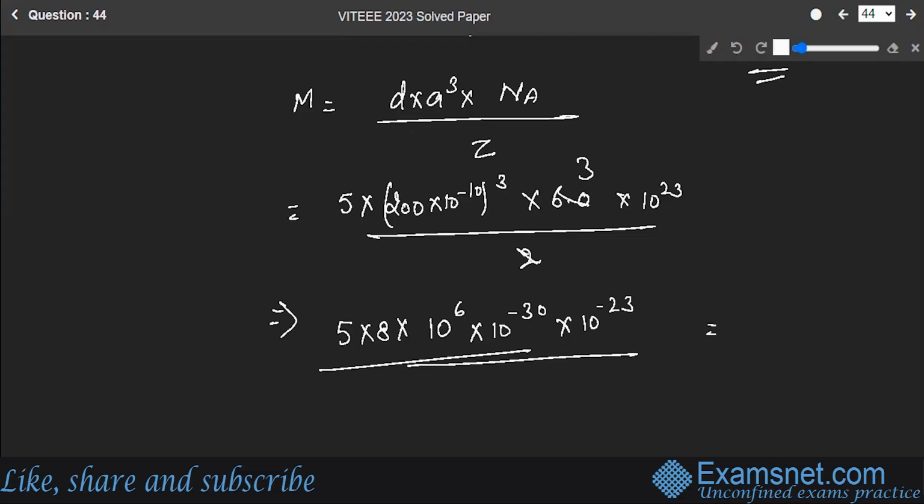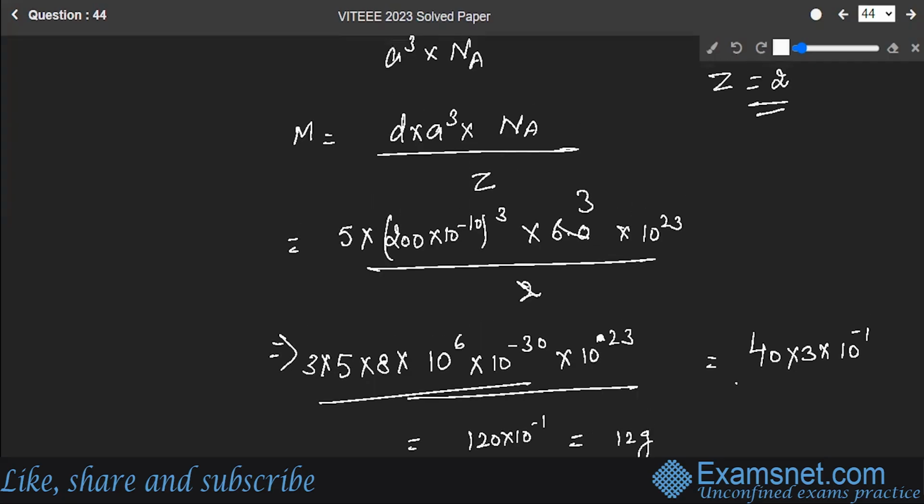So this is equal to 40 into 3 into 10 power 1 minus 1. So this is equal to 120 into 10 power minus 1. This is equal to 12 grams. So mass is equal to 12 gram.